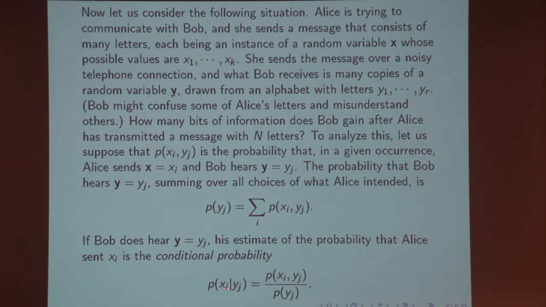So the probability of xi given yj, which is usually written by the symbol with the vertical bar, is the joint probability divided by the probability of hearing yj. So the probability of both xi and yj divided by the probability of yj alone is the same thing as the probability of xi if you already know that yj is true. So this is the probability distribution by which Bob would analyze Alice's signal once he's heard whatever he heard.